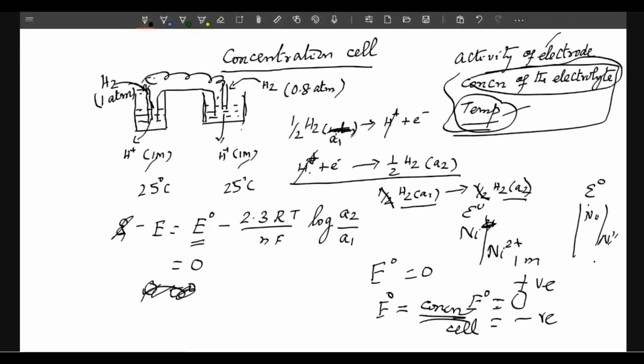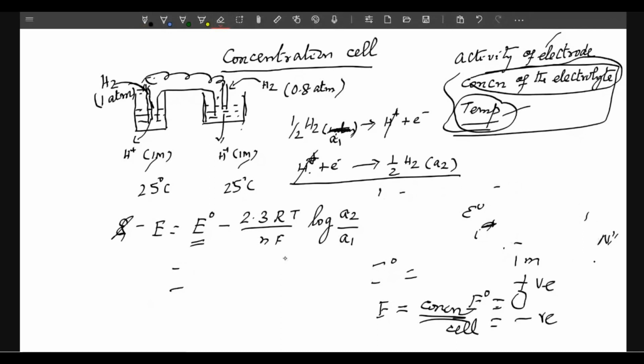With the electrode activities different, one has higher activity and the other has lower activity. Which one acts as the anode and which as the cathode, we are seeing the answer for this, for which we have derived this equation. Seeing the equation, you can easily say this.